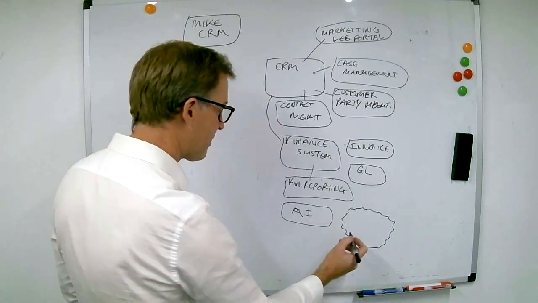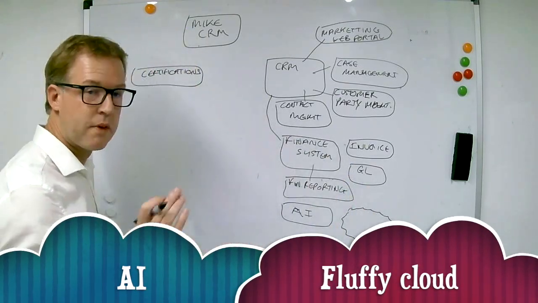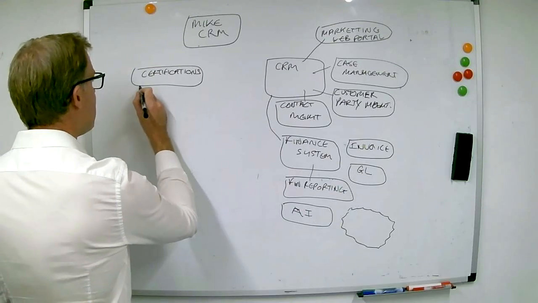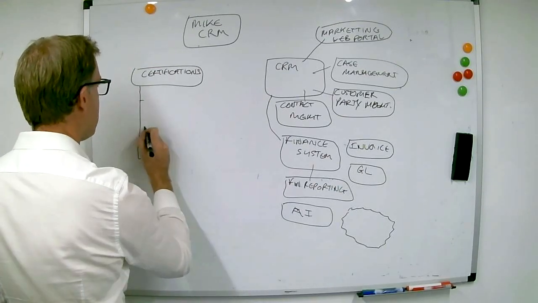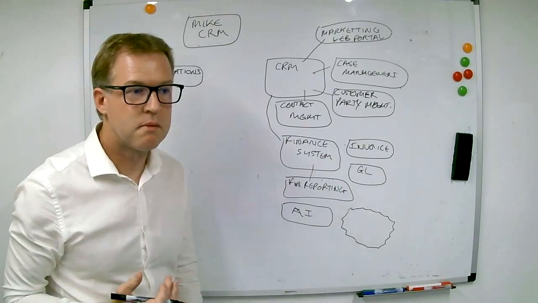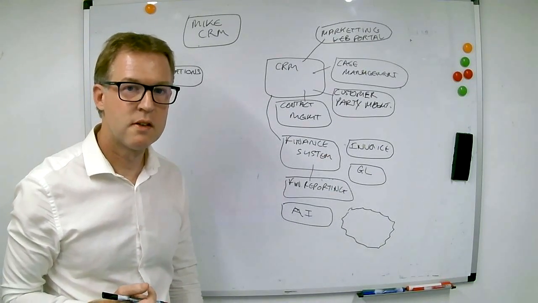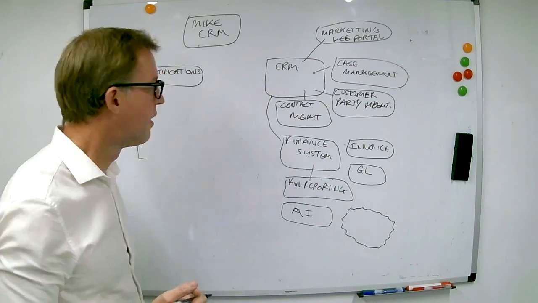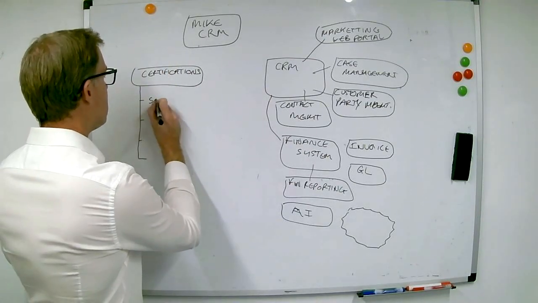Or very fluffy cloud, but anyway, you get the point. So anyway, we've got certifications. Now our certifications are the best, to be honest. They're very expensive. You can get, I don't know, one certification at $4,000. It's quite cool. Anyway, so Solution Architect.